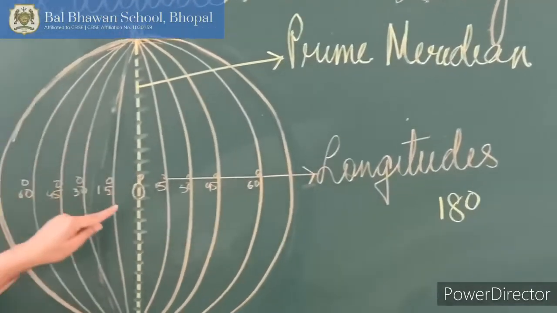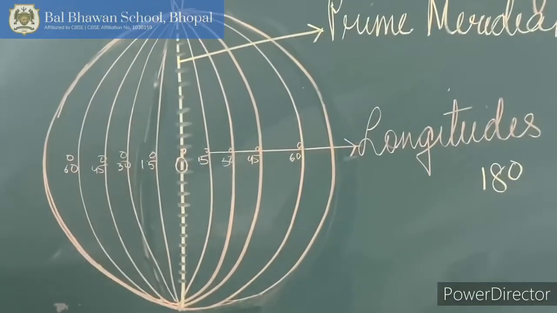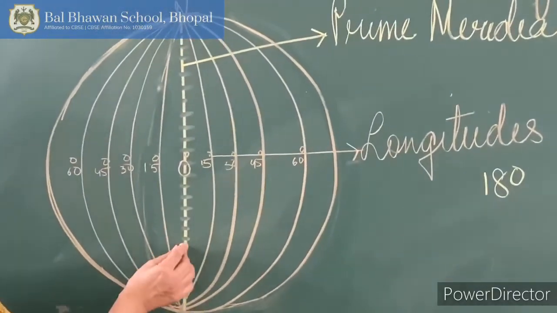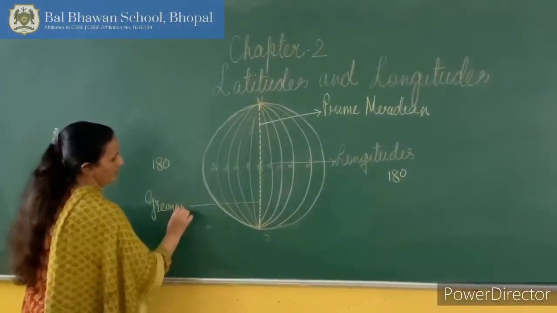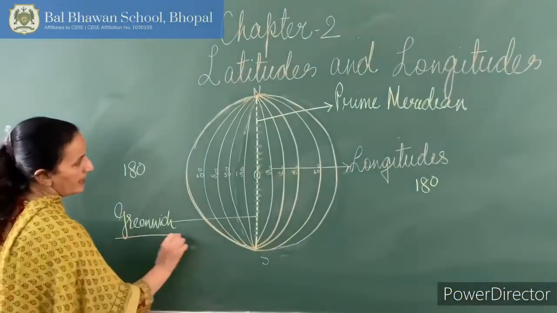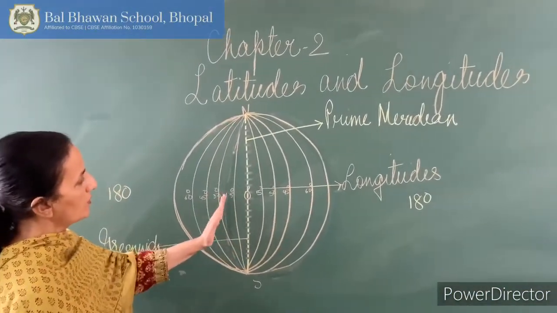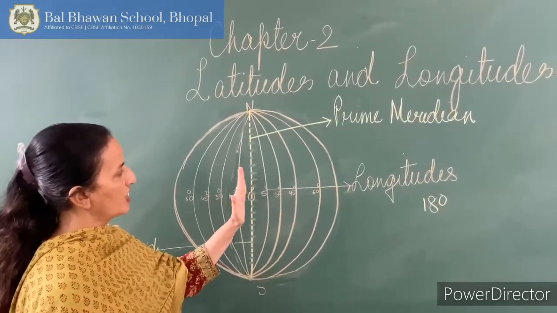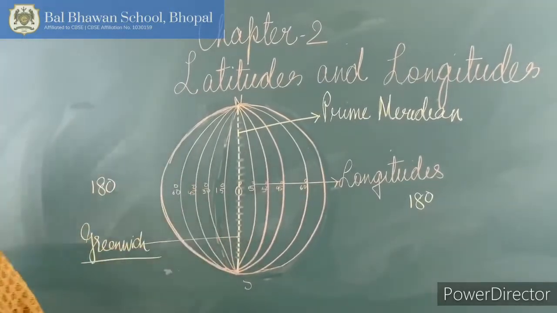It is at 0 degree, as I have written here. This prime meridian is located at Greenwich, London. It has been taken as the central meridian, because from here the geographers were able to set the location and the time of other longitudes.